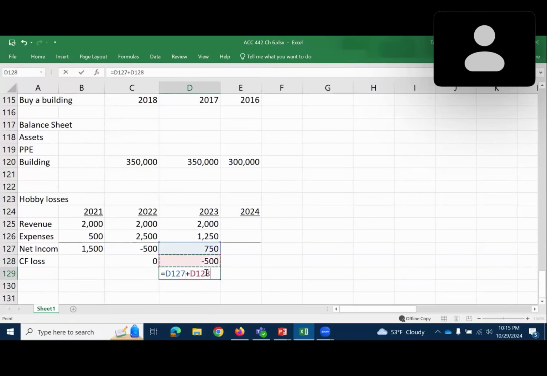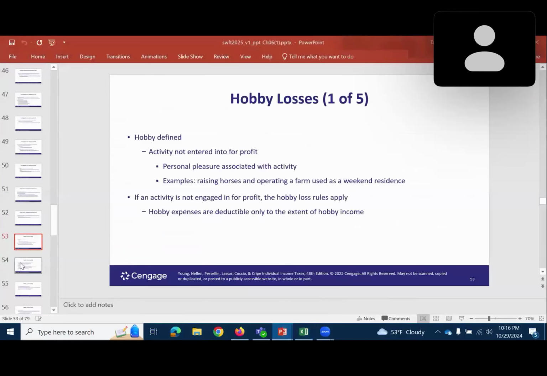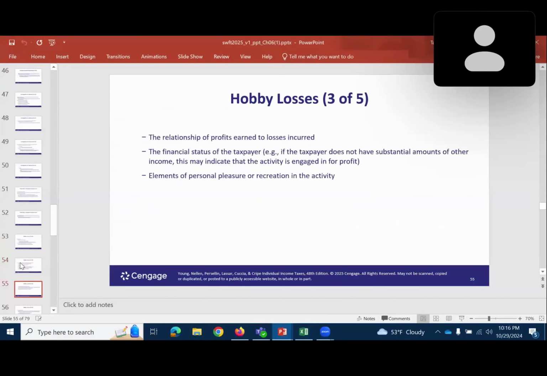I'm going to pay taxes on 250. So I had income. I pay taxes on that. Next year I had a loss. I'm not going to use that loss, but the following year I'm going to carry forward that $500 and use it against income, so I have to pay less on less income. That's how hobby losses work. And you can read as to the different factors of what is considered a hobby.